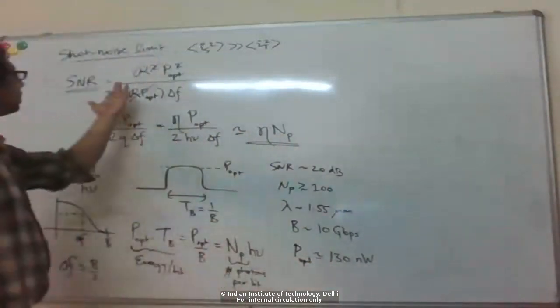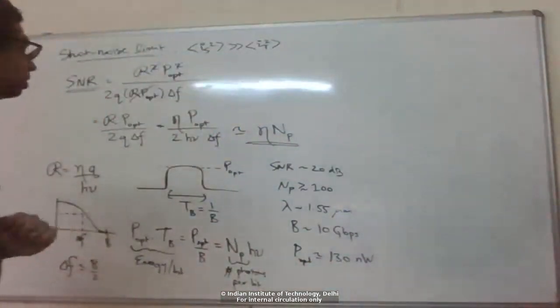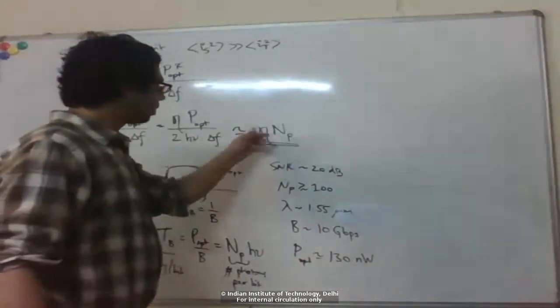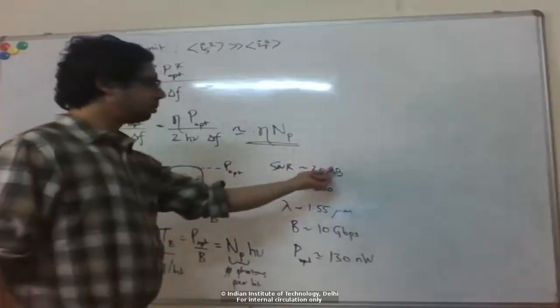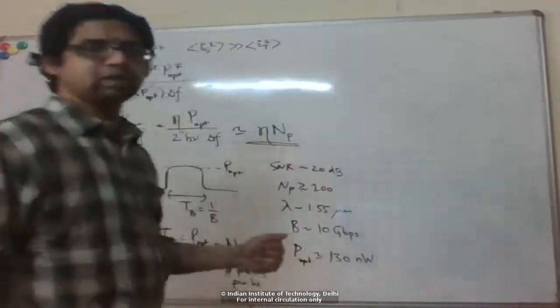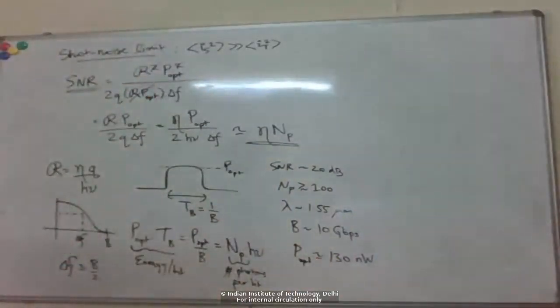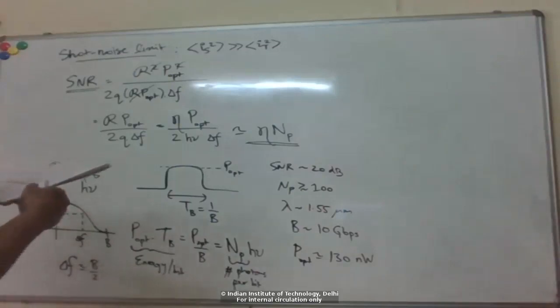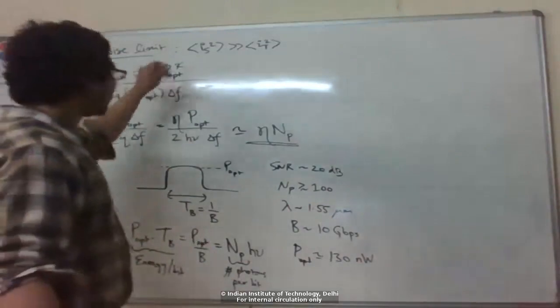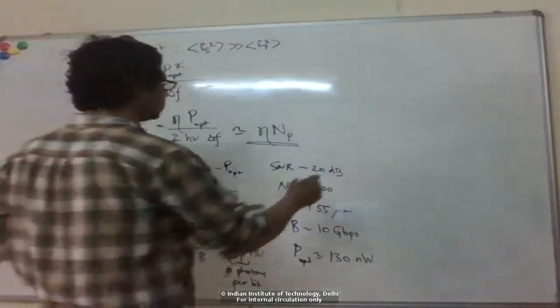So of course, this is assuming we've neglected thermal noise, right? So if you were limited by shot noise, then we could get SNR of 20 dB, which is pretty high, right? With as low an optical power as hundreds of nanowatts. Whereas if you compare it with the expression we had for the thermal noise, right? So this is the shot noise limit.